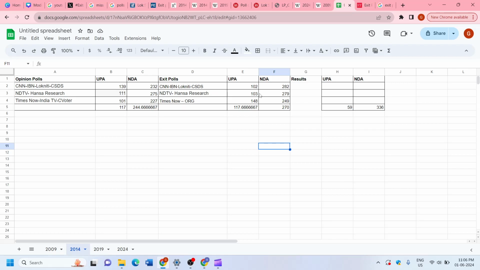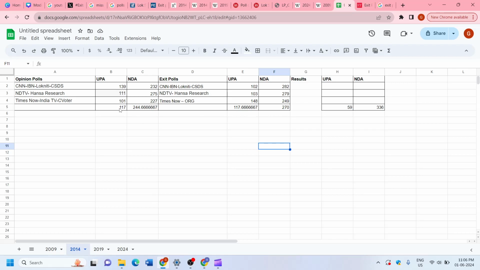Their exit poll showed 103 to UPA and 279 to NDA. Ultimately, the average for the opinion polls was 117 for the UPA and 244 for the NDA, and 117 for the UPA and 270 for the NDA in the exit polls.